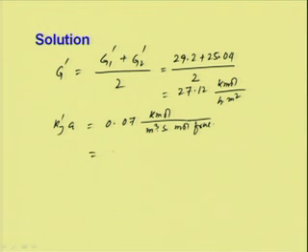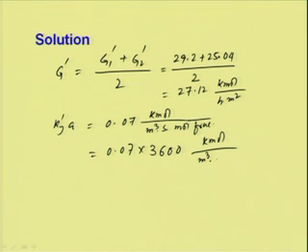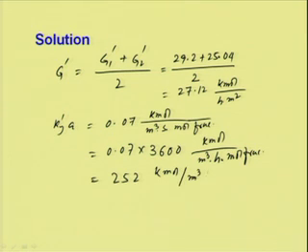So, we can convert it to 0.07 into 3600 kmol per meter cube hour mole fraction, which is equal to 252 kmol per meter cube hour mole fraction.